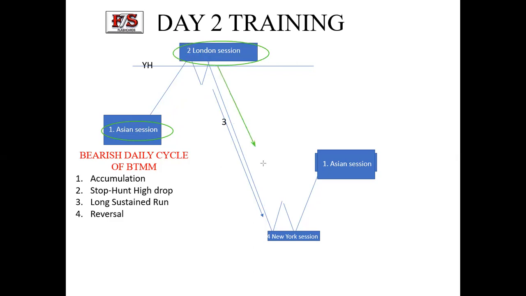This is long steron, and what? New York reversal. Did you get that? That's the difference between ICT and BTM, but it's the same thing, they just have different terminologies for it. All right.